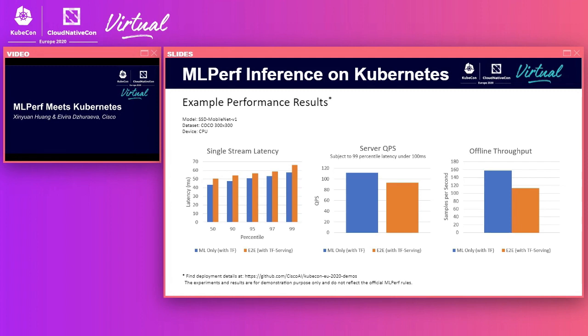One of them is the machine learning only test, which uses TensorFlow locally, and the other is the end-to-end service level test that uses TF Serving to serve a model in the Kubernetes cluster and uses the client side to query it. From the charts, we can see that there is maybe a 10 to 15% difference between the two settings, both in the single stream latency and in the server's QPS numbers. And the delta is even a bit larger in the offline throughput.